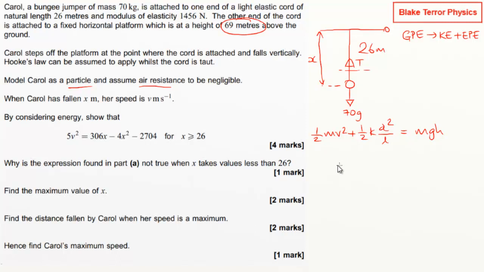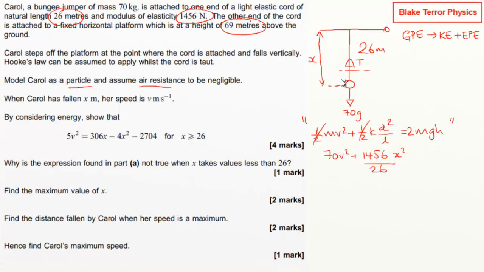We need to start putting in all of the numbers. So I'll multiply everything by 2 because I'm not a big fan of having fractions sitting around. So we've got 70v squared plus, what was k? K is 1456. 1456 x squared over our natural length of 26 meters. But it's not x squared, because the extension, I mean it is x squared, but we're using different x's here, so let's be careful.